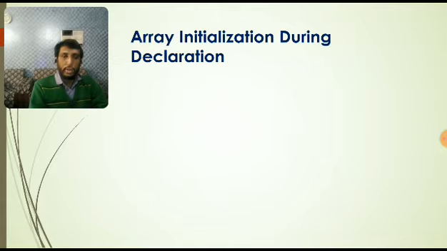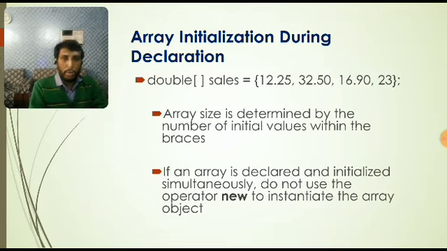Array initialization during declaration. How can an array be initialized during declaration? Let's look at double. This bracket notifies that this is an array, and the name of the array is cells, and it is initialized in the beginning itself by passing some values. So see, 12.25, 32.50, 16.90 and 20. These are the values assigned to cells, and cells is an array.